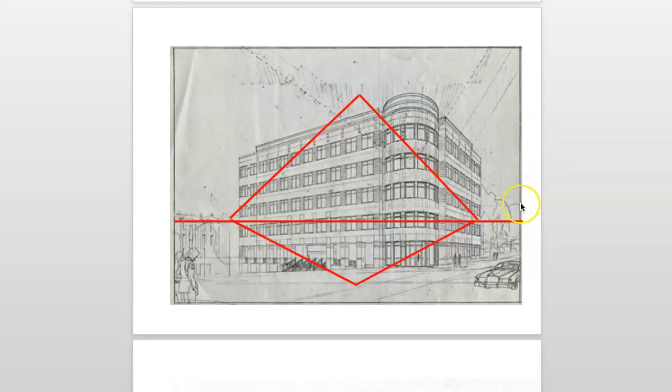If you try to get something too close to the edge, and your vanishing points are right on the edge of the page, which is what I want you to do, and you try to draw something like this, it would get really distorted.